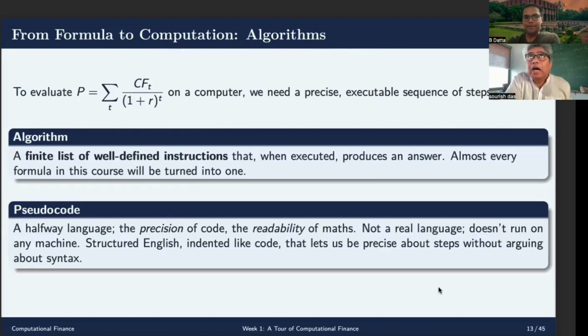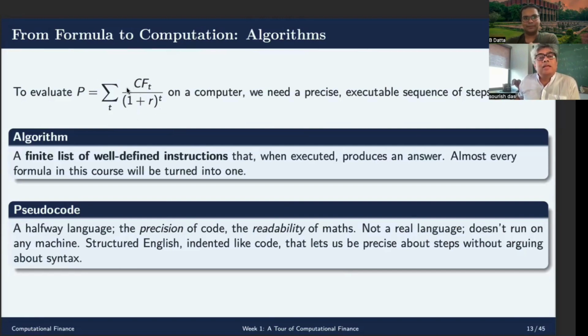Yeah, great question. What we realize from the last video is that computing the present value of future cash flow is very important. For example, in the slide, we can see P is the present value, this is the cash flow at the t-th time, and this is the discount factor of the cash flow.